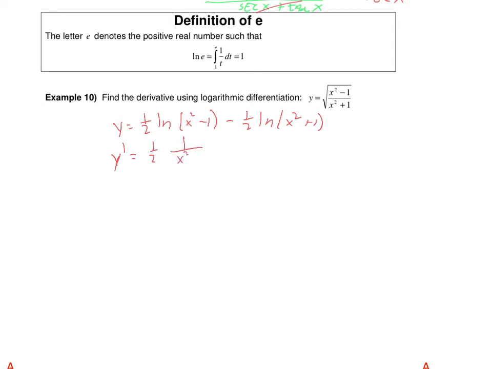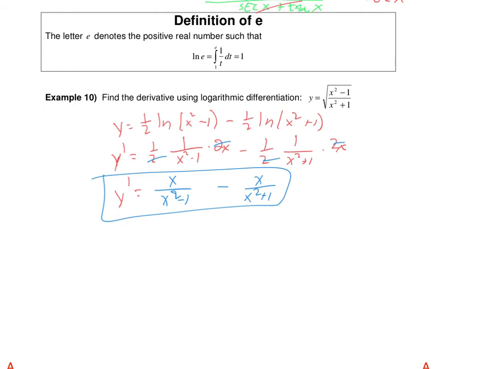I've got 1 over my argument, chain rule, 1/2 comes along with 1 over my argument, chain rule, simplify, my 1/2 and the 2 is going to simplify, and that guy looks good.